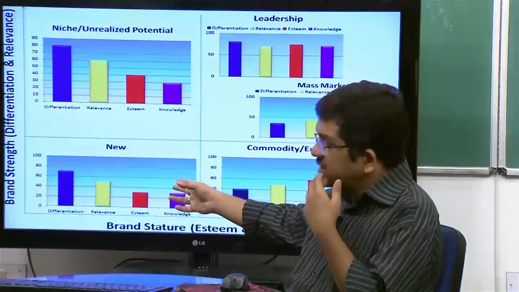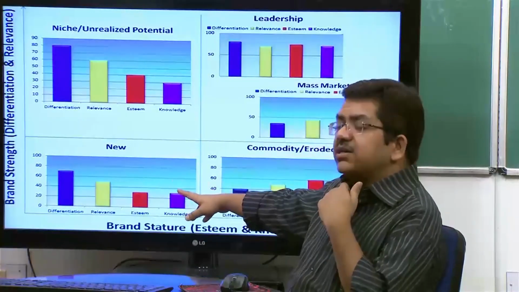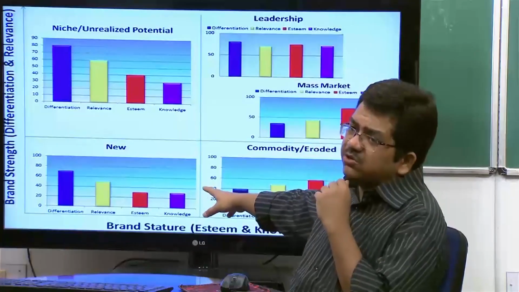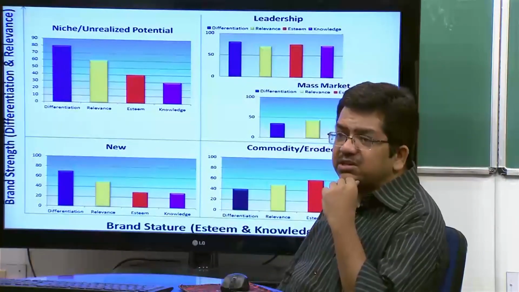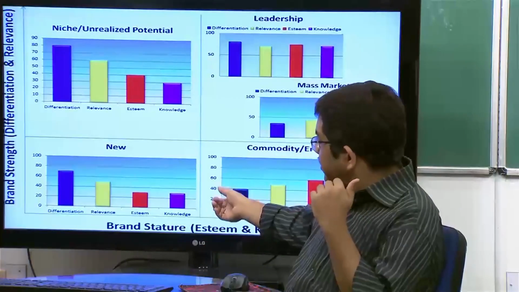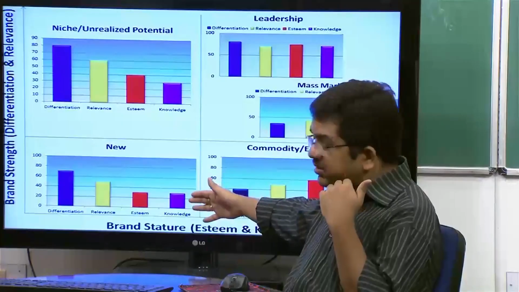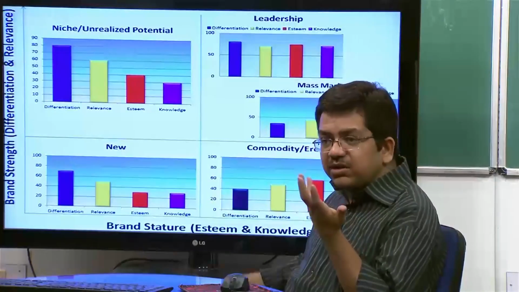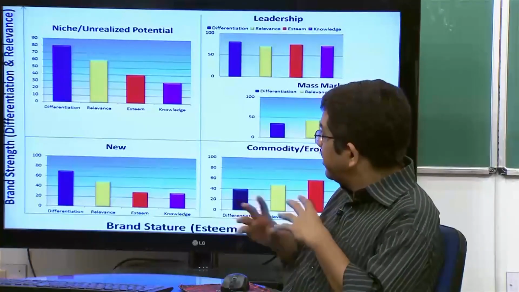So it has differentiation and it has to be relevant. You will see that differentiation and relevance are high, but since it is a new brand, nobody knows about it, so esteem and knowledge are generally very low. Sometimes there will be virtually no esteem or knowledge about the brand in the market.